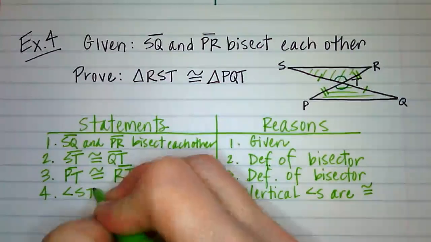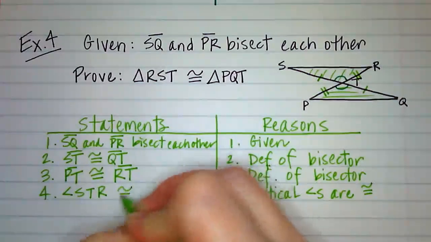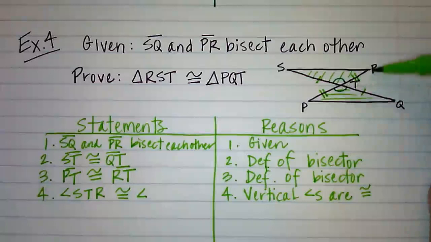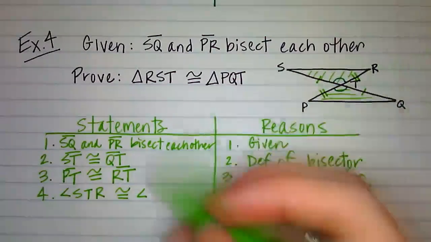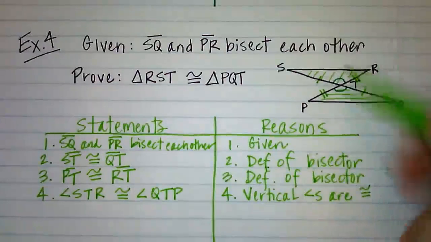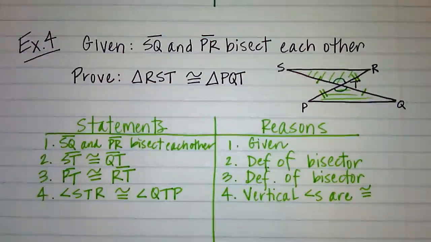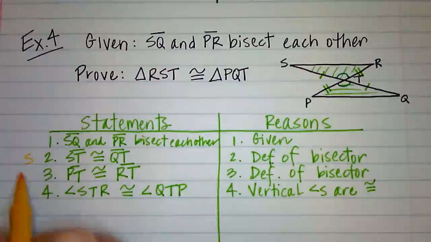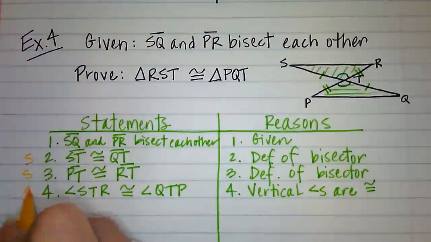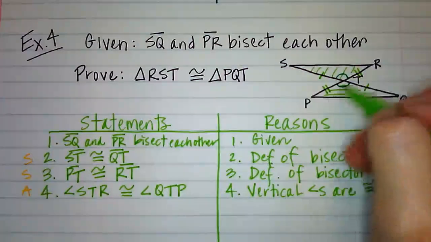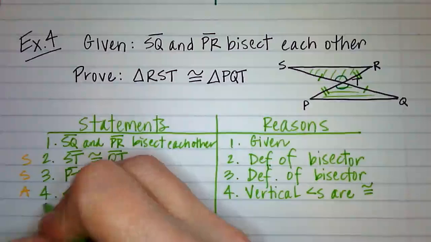So angle STR is congruent to this angle down here, which STR would match up with QTP. And that's because vertical angles are congruent. So now we have our side there. There's our second side, and then there's the angle in between. So this is actually side, angle, side. These aren't in the right order, but that's not a problem.